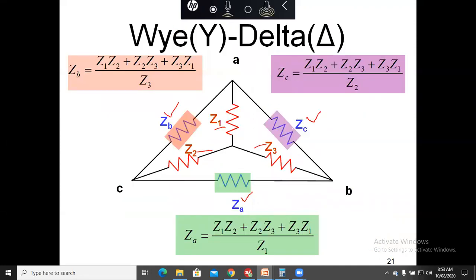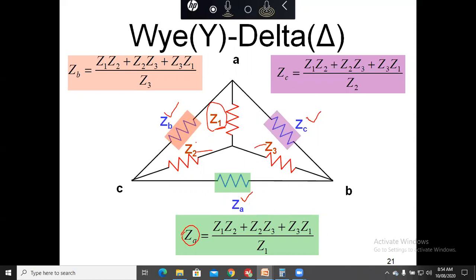And in Y to delta, we have the reverse of this. We have these three values known: Z1, Z2, and Z3. And first we calculate the value of ZA.